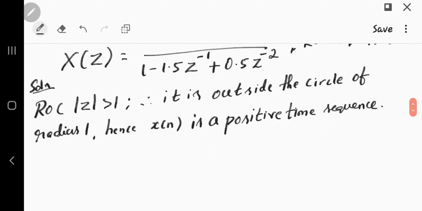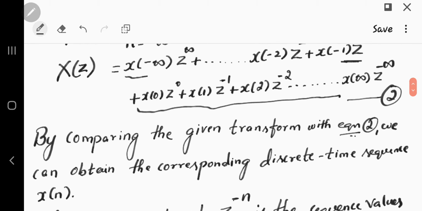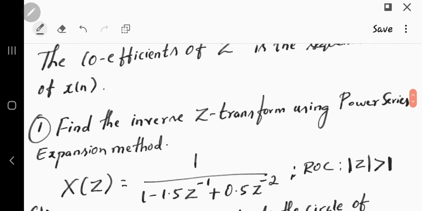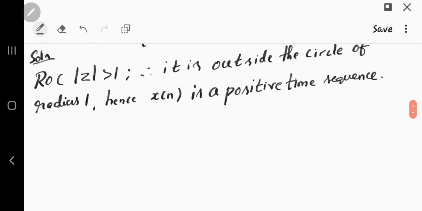So this you have to figure out first, positive time sequence or negative time sequence. Now since it is positive time sequence, all positive time sequence will have the power of z as negative. So that means you have to arrange your divisor and the dividend in the form that you should get the quotient with the negative powers only. Okay.